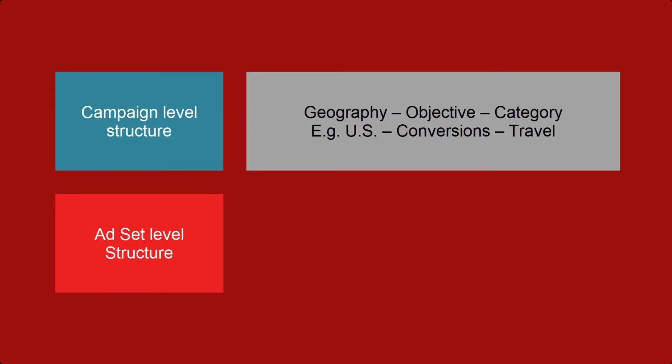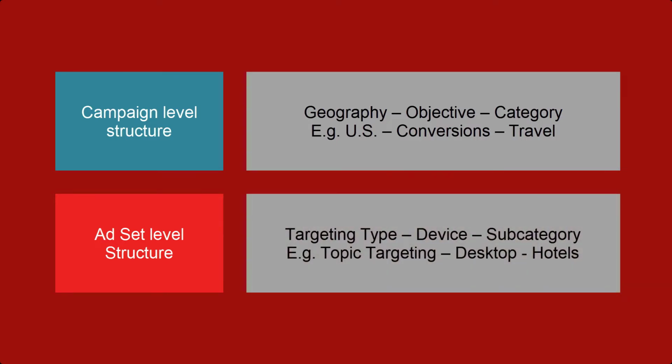For example, if you split your campaigns by geography and product line, you might want to split your ad sets within that campaign by targeting type, device, and product subcategories. That way, between your campaigns and ad sets, you have several levers you can pull to measure and compare the impact of each one.